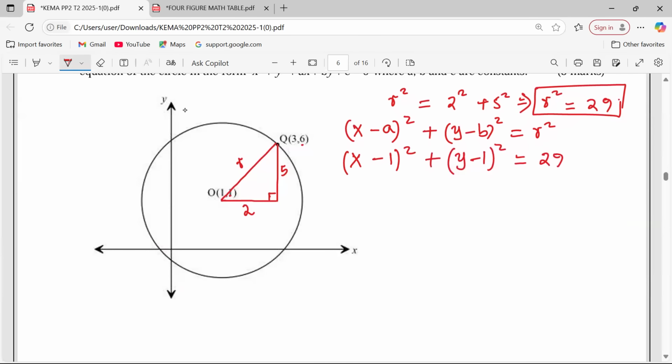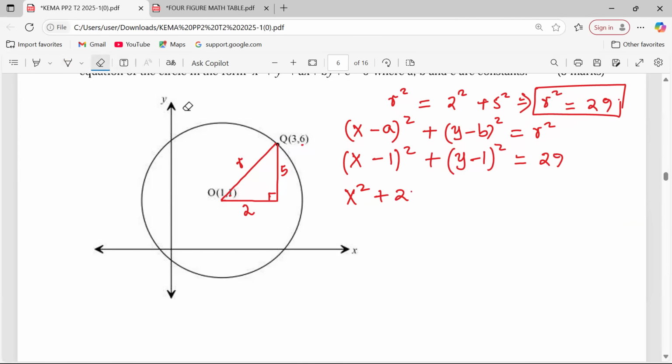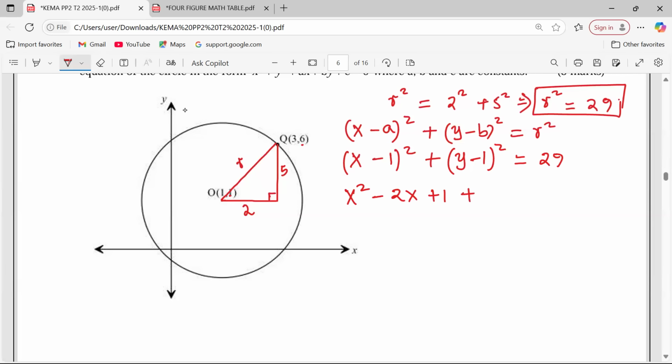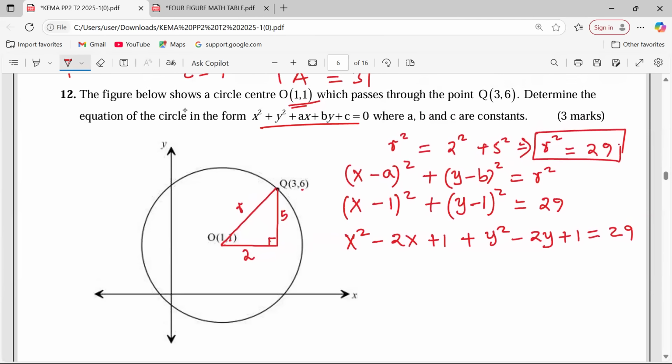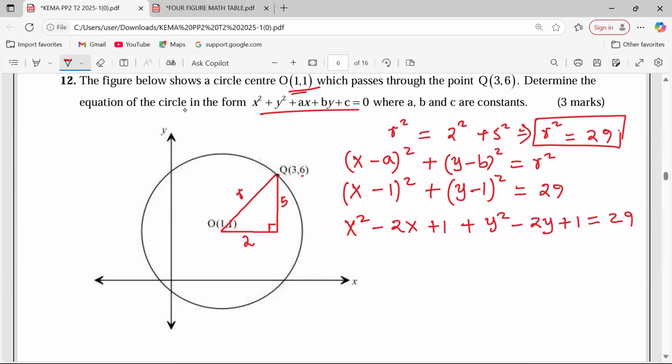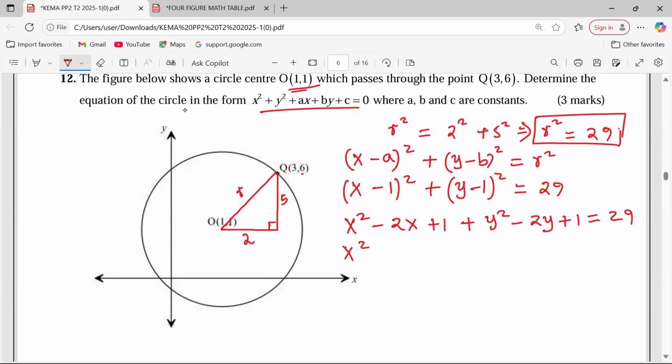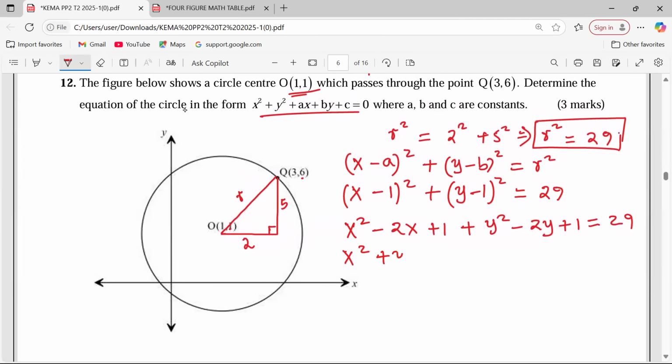Let me expand now. X squared minus 2x plus 1, these are quadratic identities. Then we add y squared minus 2y plus 1 equals 29. Look at the format that we are supposed to arrange the equation in. So we start with x squared, we add y squared, then minus 2x, then minus 2y also.